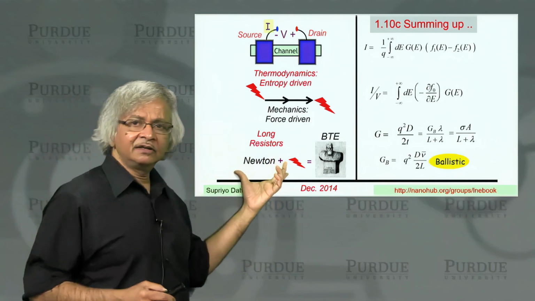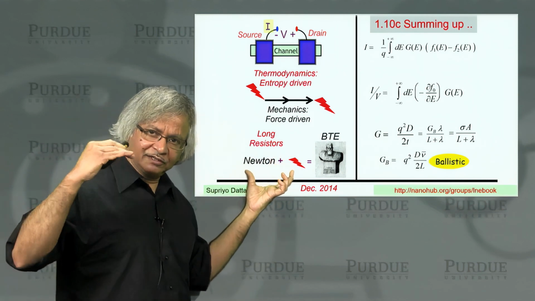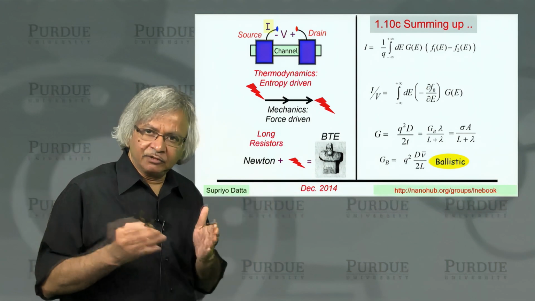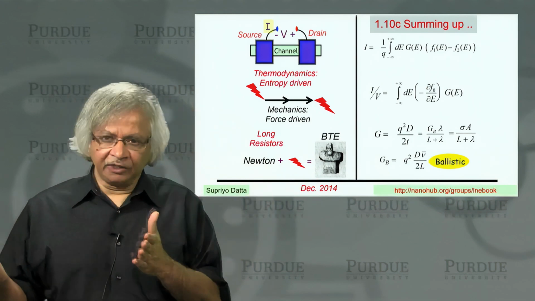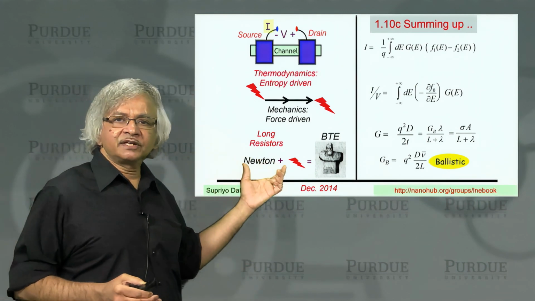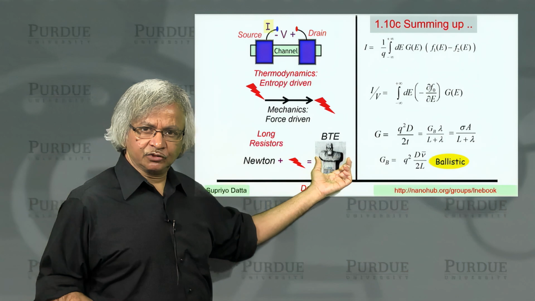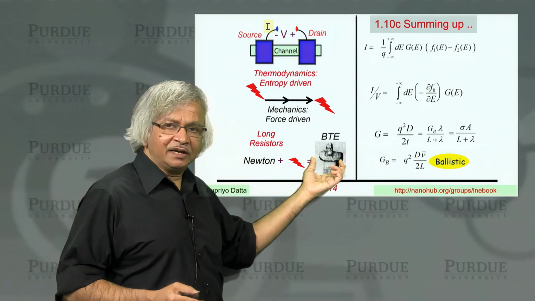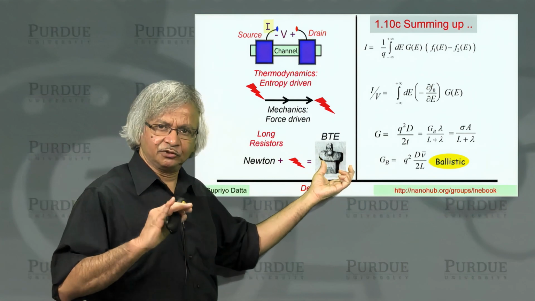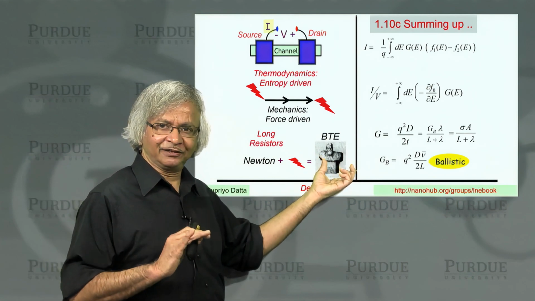So in general, your benchmark, your gold standard is the Boltzmann equation. All the results that we are talking about here, you can get from the Boltzmann equation. But the Boltzmann equation takes some time to get used to. There are many things that you have to get familiar with, and you have to spend a semester or two playing around with it to get there.